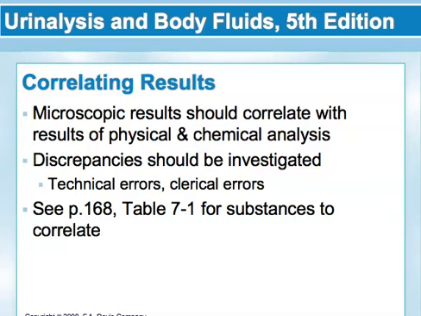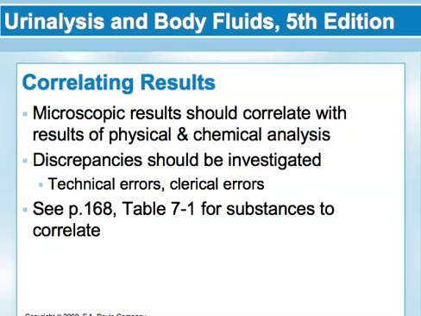Okay, correlating your results. The microscopic results should correlate with the results of the physical and the chemical analysis. If you notice a discrepancy between them, you should investigate to see if there are any possible technical errors, such as interfering substances or clerical errors.